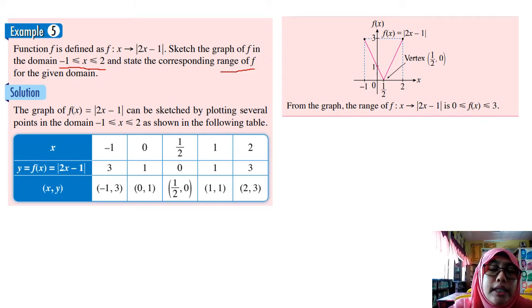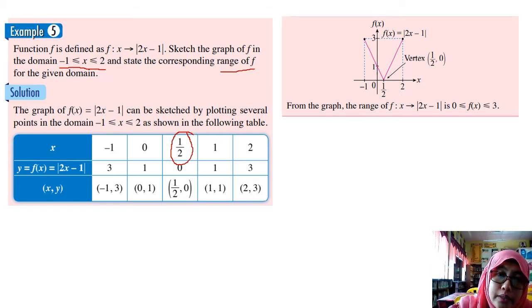Kalau kamu tengok dekat sini, kamu mesti akan buat jadual negative 1, 0, 1 and 2. But why does this table include 1/2? 1/2 is actually the intercept, the graph intercepts at the x-axis. Macam ni cikgu dapat ni?